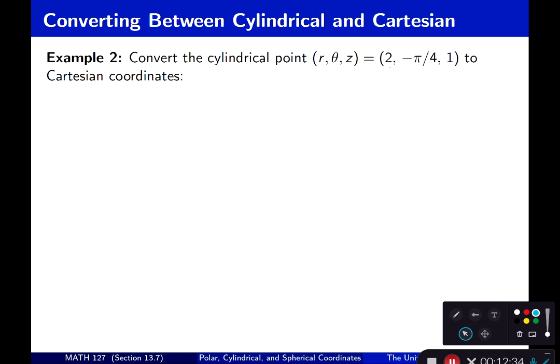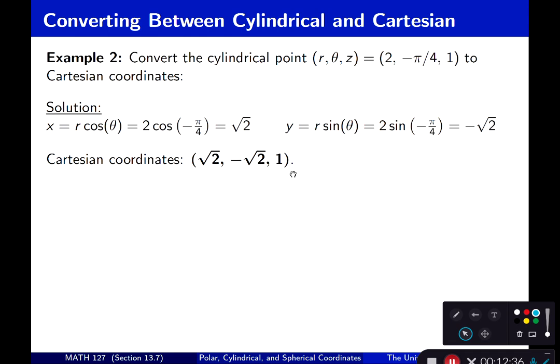To find x, you use r cosine theta, and to find y, you use r sine theta. So 2 cosine of negative pi fourth is square root of 2, and 2 sine of negative pi fourth is negative square root of 2. The Cartesian coordinates are square root of 2, negative square root of 2, and 1.